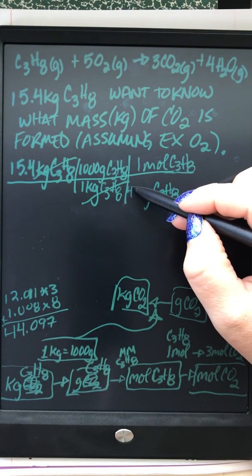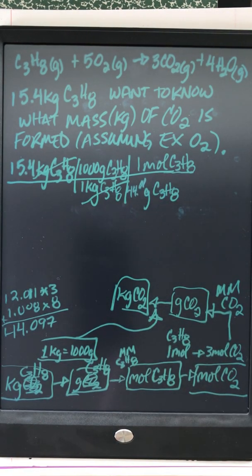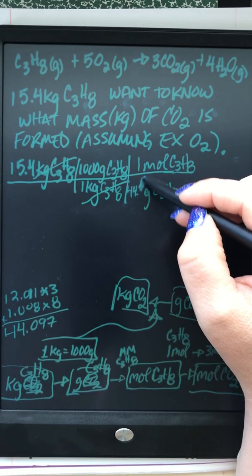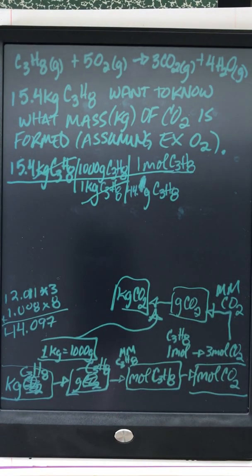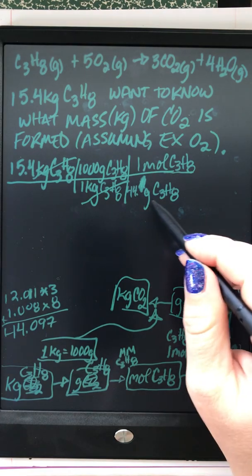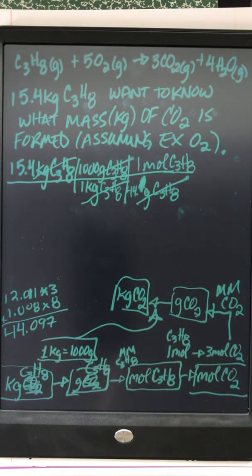So we've got 44.01 because I'm lazy and I don't have space. Would it be 44.1? Oh my god, thank you. I'll just make a blob there. That makes it more intelligible. So now grams of this will cancel with grams of that.